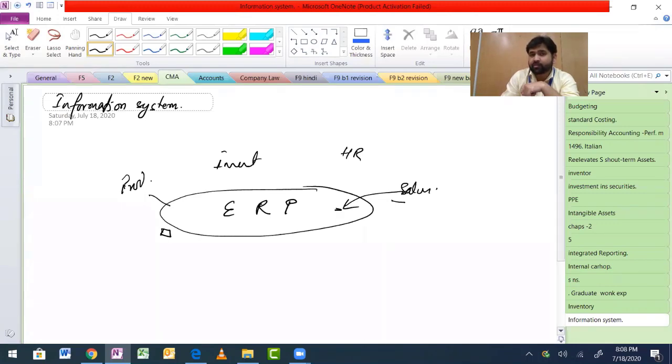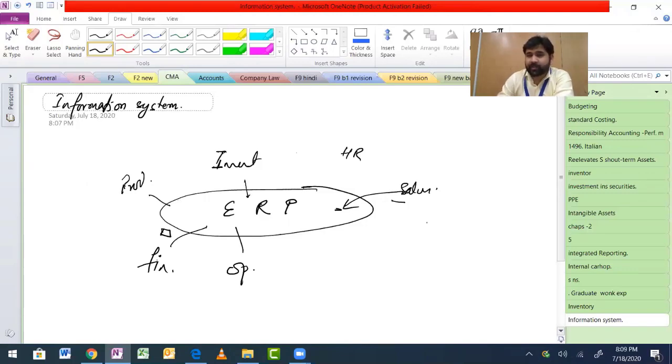So all of these routes and channels are created in this ERP: which department, which individual, which profile can have access to this information. Depending on this whole system, the finance department and the operations department are all feeding in data constantly and taking out information from here.